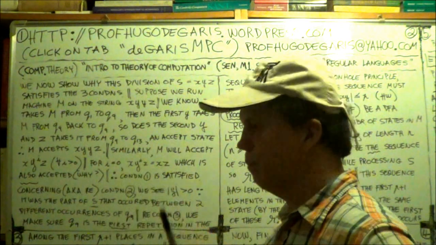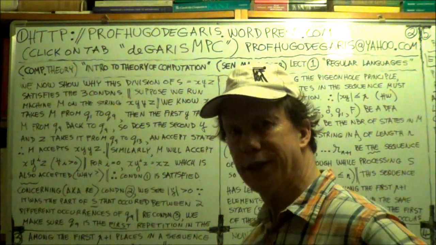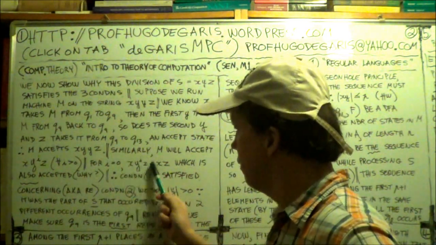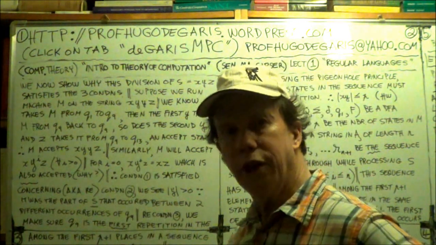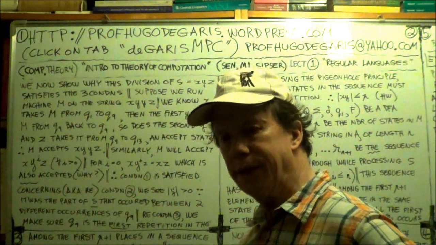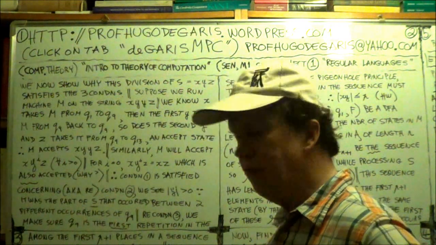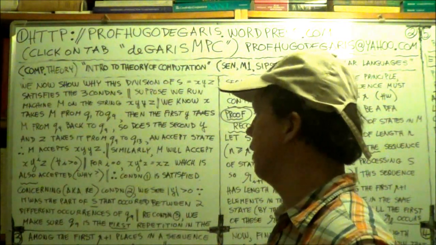So this is recognized by the machine. It's accepted. In other words, this string, for all non-negative i, belongs to the language. Okay, so condition 1 is satisfied.